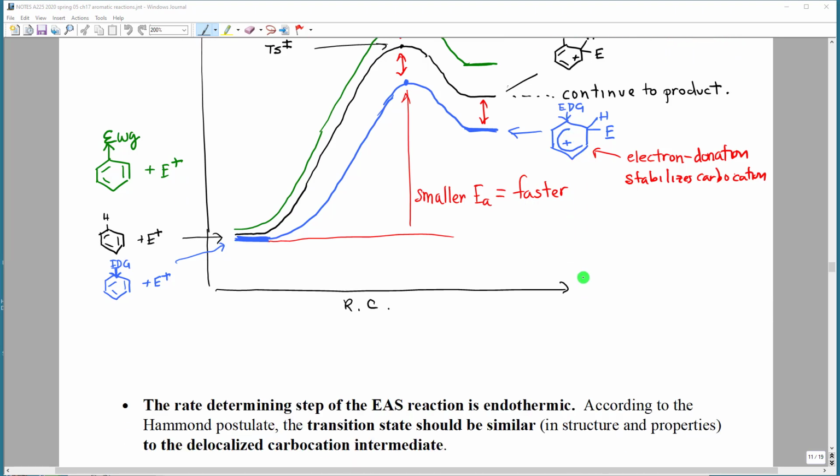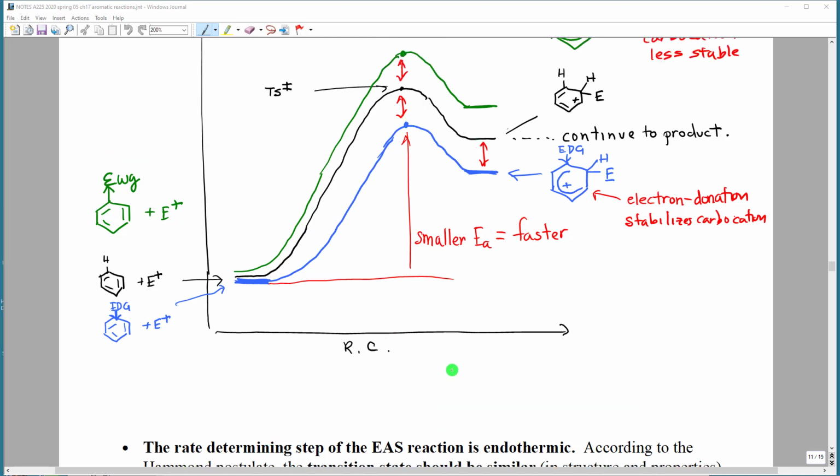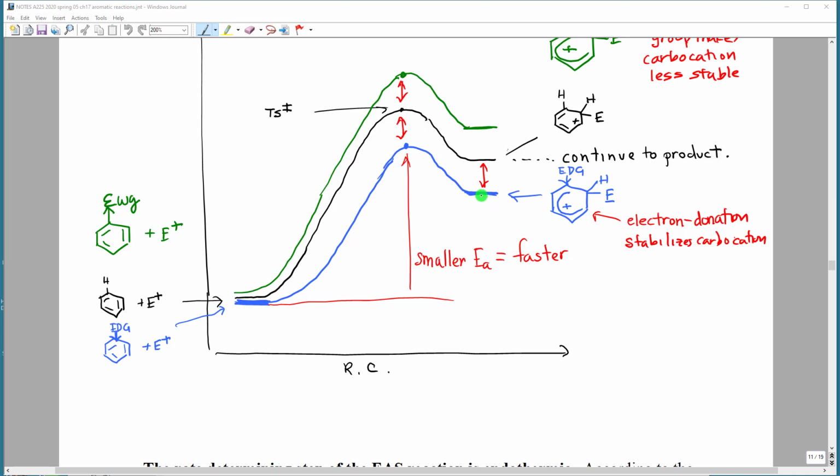Now, because of the Hammond postulate, which we discussed in a chapter in first semester, the Hammond postulate says that if we have an elementary reaction, and that elementary reaction is endothermic, then the structure of the product is going to look very similar to the structure of the transition state.